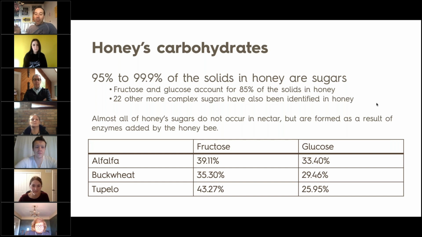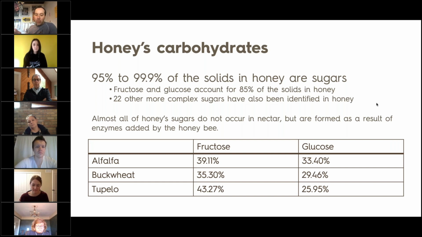You've got your alfalfa, which is 39 to 33%. Buckwheat is 35 to 29, which is why you don't get that perception of sweetness as much from the buckwheat, because it has a little less fructose and a little less glucose. So it's got a different ratio.